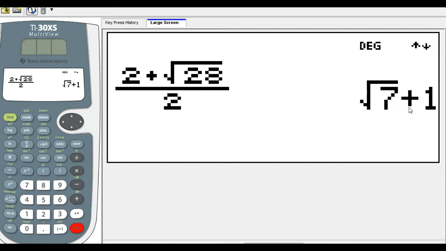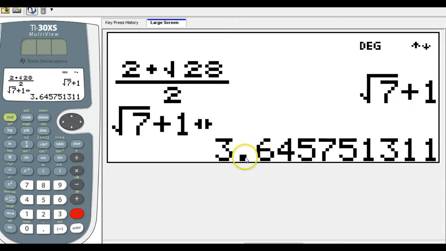Okay, so we'll toggle that, and so that's approximately 3.6. I'll round to the nearest tenth, so 3.6.